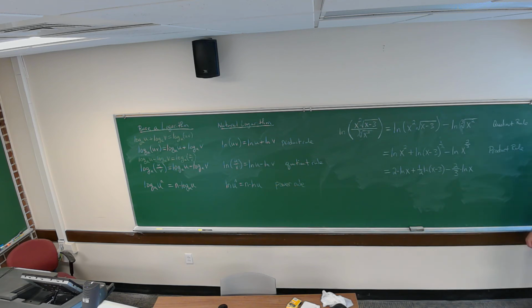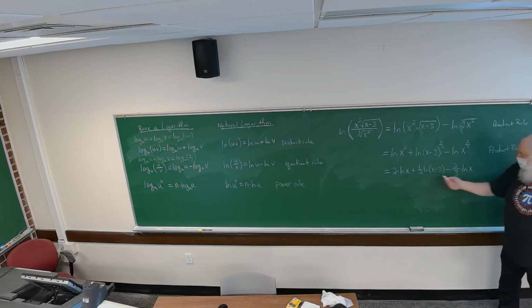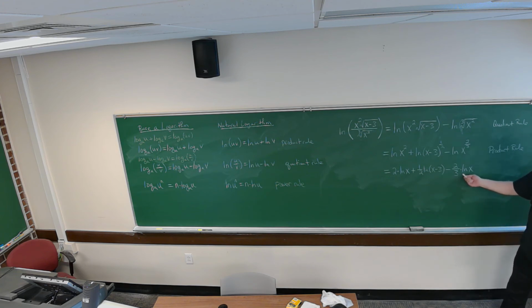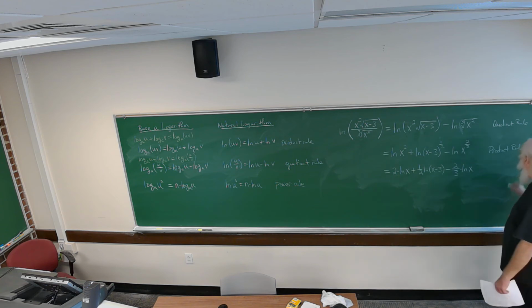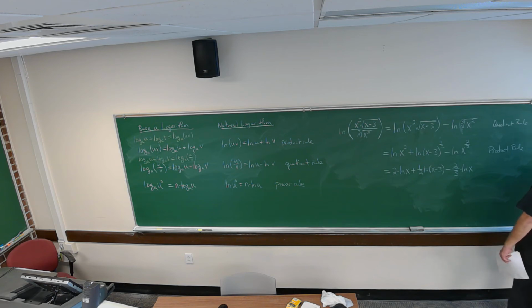Now I would say stop there, but in our expansion we ended up with 2 like terms, didn't we? What are the like terms? The natural log x is an apple. You got 2 apples minus 2/3 of an apple. And so 2 minus 2/3, same as 6/3 minus 2/3, which is 4/3.